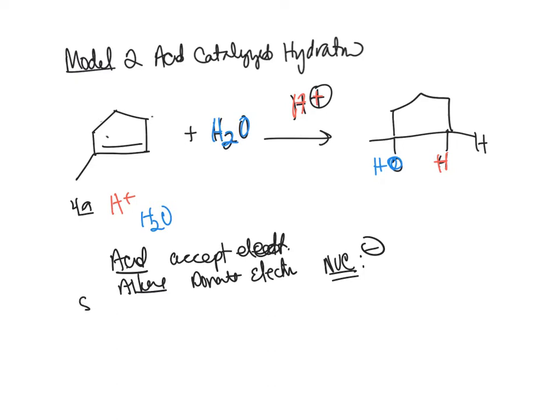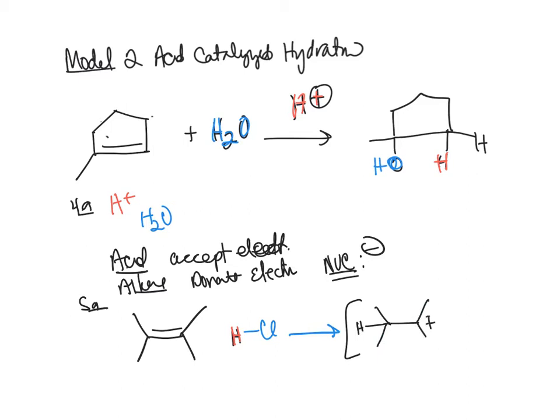Question 5, consider the mechanism for the addition of HX as shown below. Label each reagent as nucleophile, electrophile, acid, or base for both steps. Okay, so this was from our first POGIL activity earlier, and you should already know this mechanism.